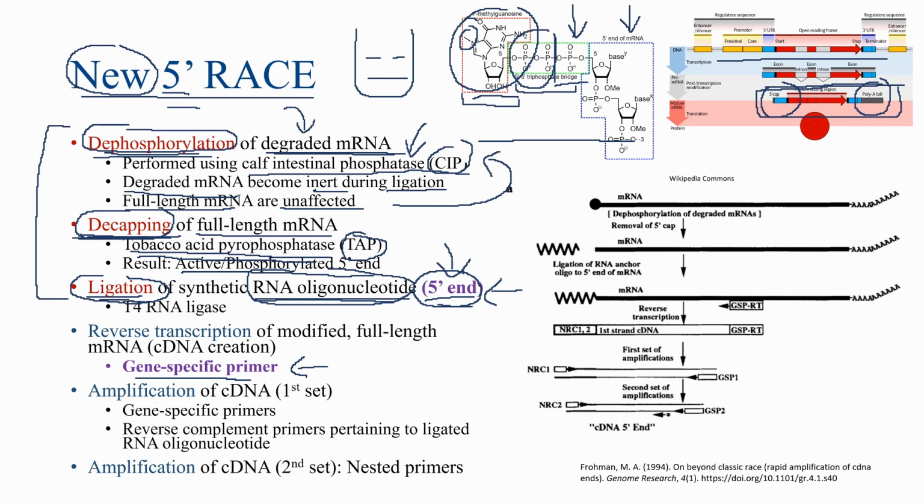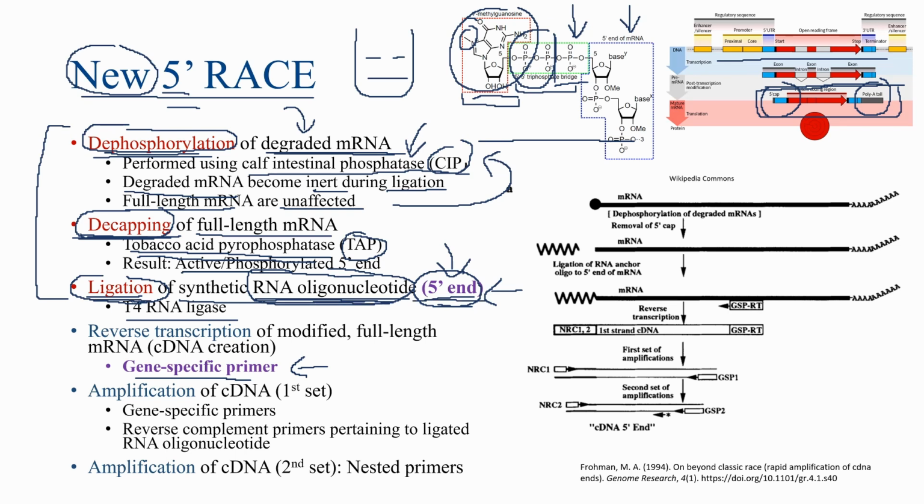In reality, and to be more specific, the enzyme that you will use for ligating the RNA oligonucleotide, which is T4 RNA ligase, will ligate the synthetic RNA oligonucleotide to both the 5' and the 3' end. It's just that your use of primers in subsequent steps will be the differential aspect between 3' RACE and 5' RACE and how they interact with the location of the added synthetic RNA oligonucleotide.